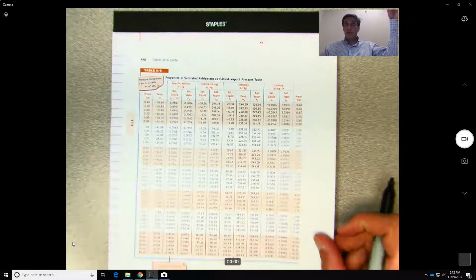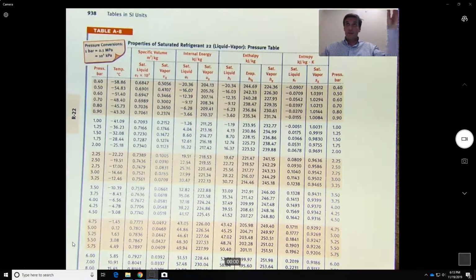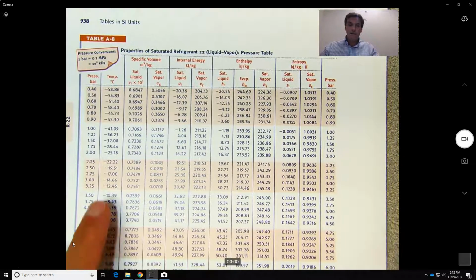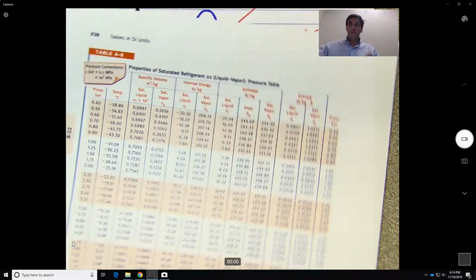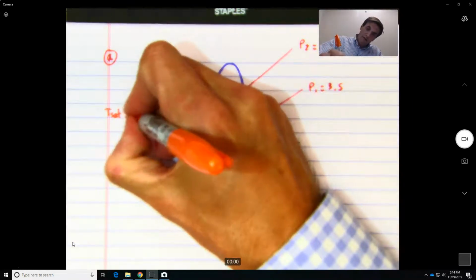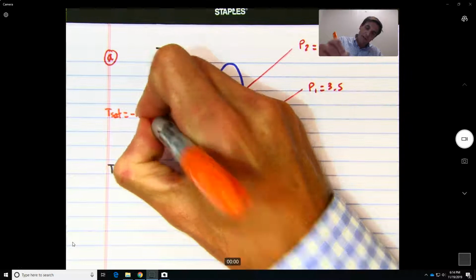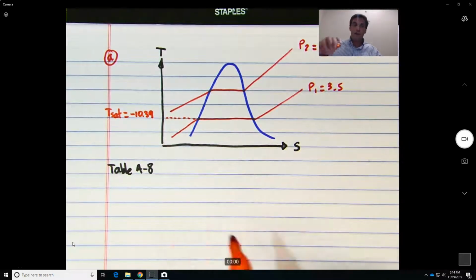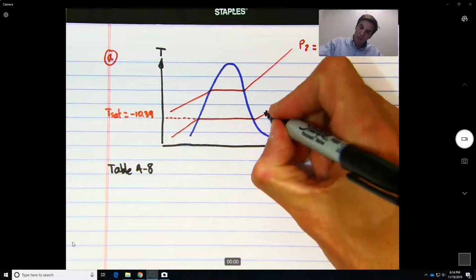So let me see if I can zoom in a little bit. So let's see, for 3.5, which is right here, what is the temperature? Minus 10.39. So we go to the figure, this would be minus 10.39. And we are at minus 5, so minus 5 is hotter than minus 10.39. So that means that state 1 should be somewhere over here.